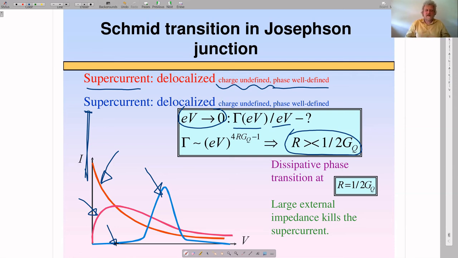So no chance. Only if you apply sufficient voltage can it penetrate this energy barrier and tunnel. Good, so that was a description of the Schmid transition in a Josephson junction.